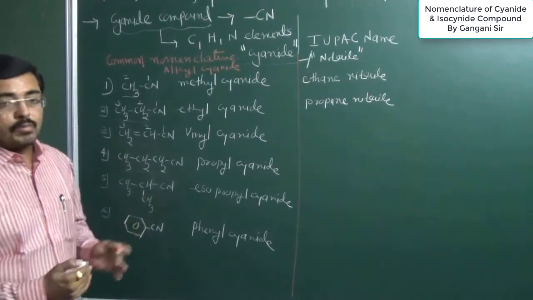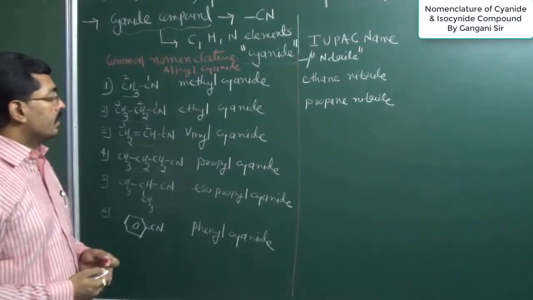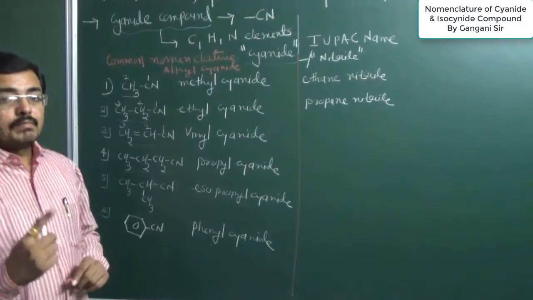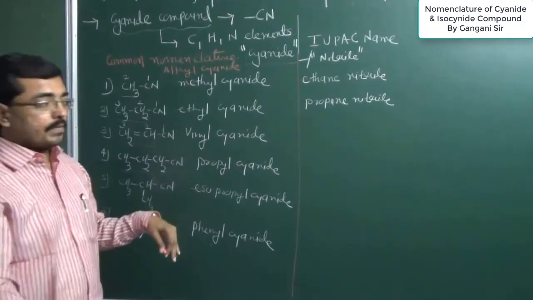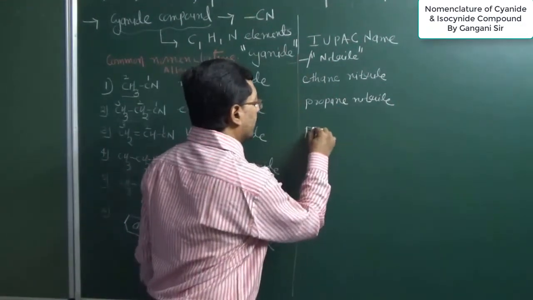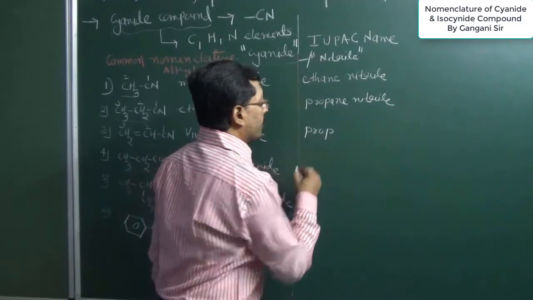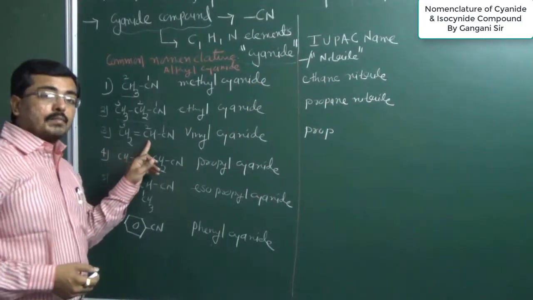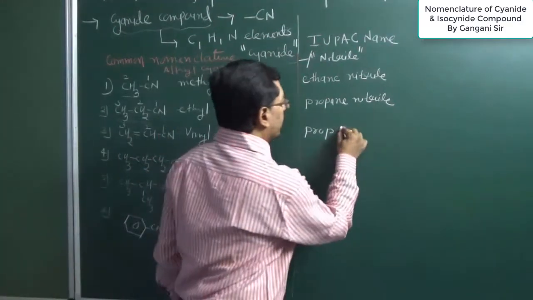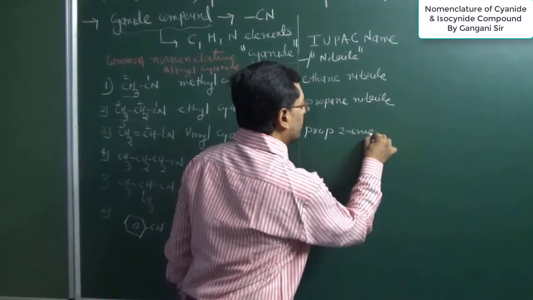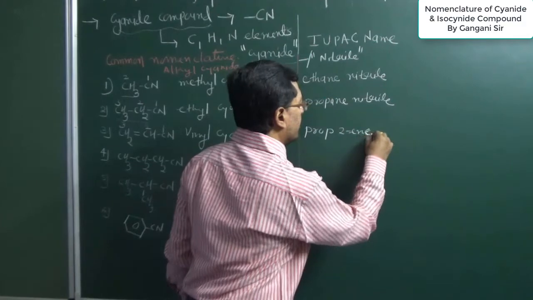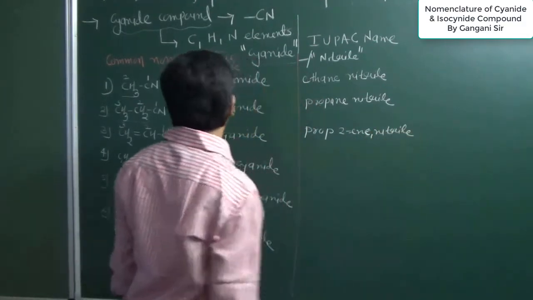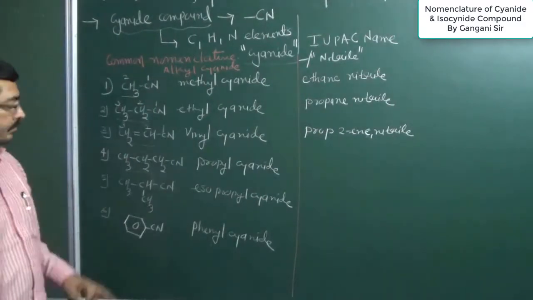When 2 or more functional groups are there, the suffix 'e' is replaced. So the parent chain is prop, and on the second carbon there is a double bond, so 2-ene. The name of this compound is prop-2-ene nitrile.